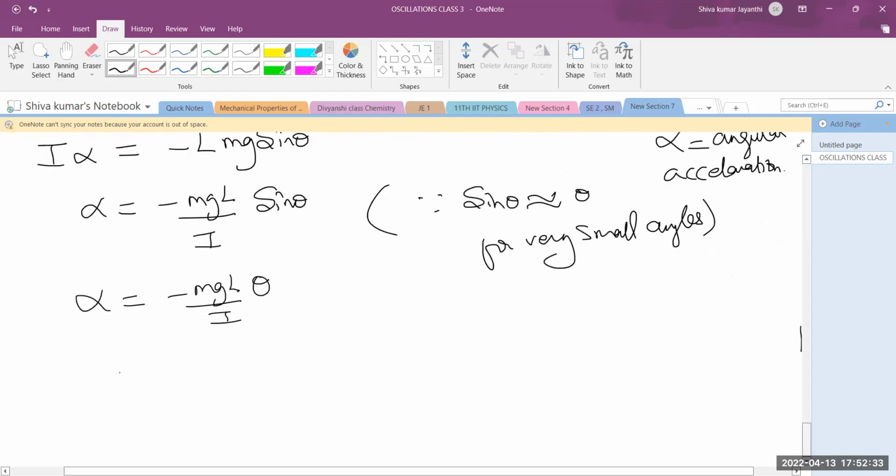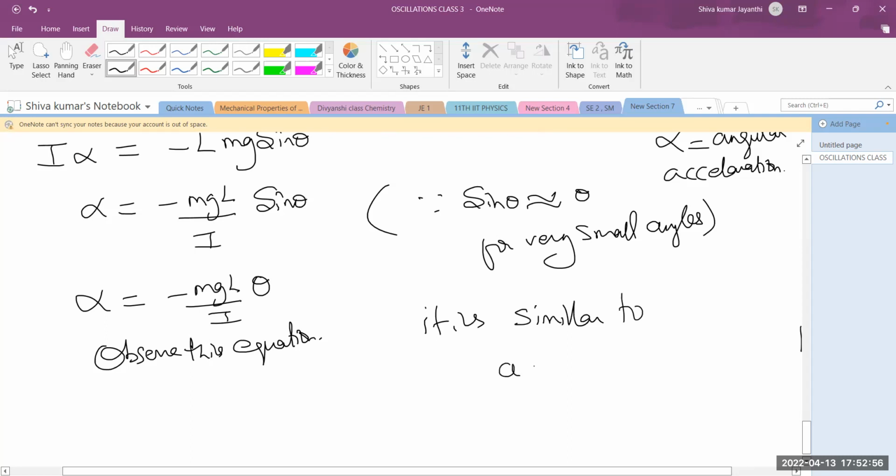Now observe this equation. What do you infer from this? It appears similar to the S.H.M equation. Why?